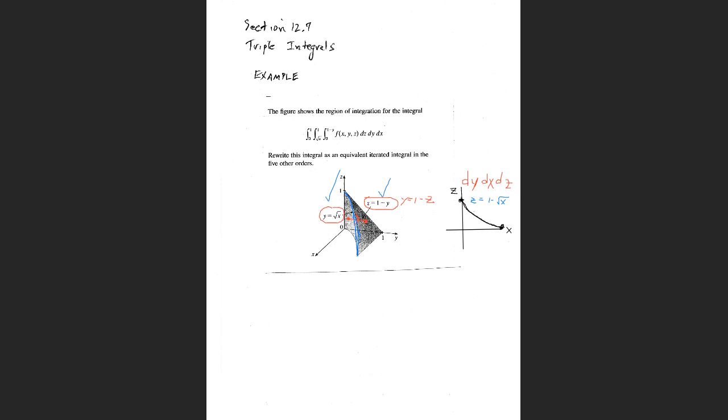So y would equal root x, and z would equal 1 minus root x, or you could think of that as x equals the quantity 1 minus z squared. By the way, these points here are (0, 1) and this point here is (1, 0).